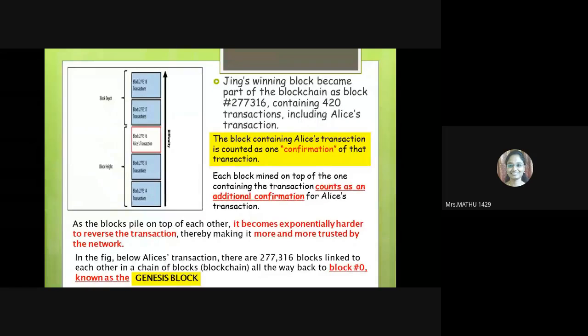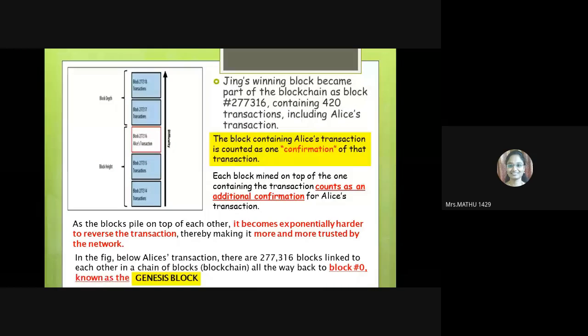Now after this, you can see that many more blocks are getting piled up. After this block gets added to the blockchain, some other miner has created another block with some more transactions. It was verified by some other miner, and another block is added.